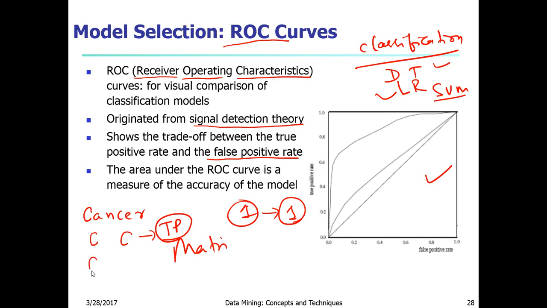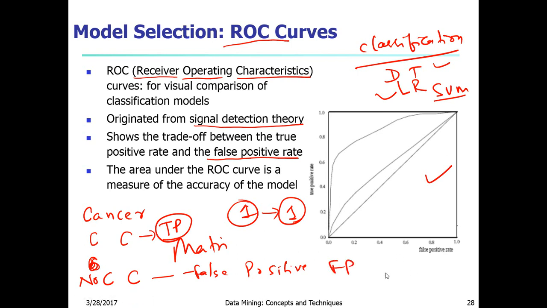But somebody not having cancer, no cancer, is predicted to be cancer. Now that's called false positive, or in short known as FP.